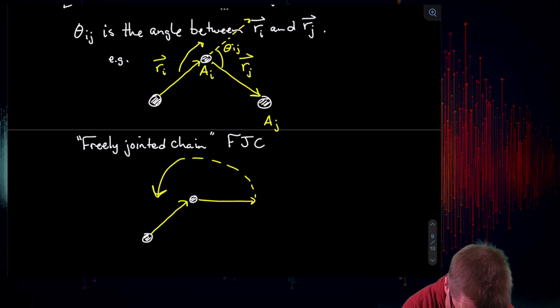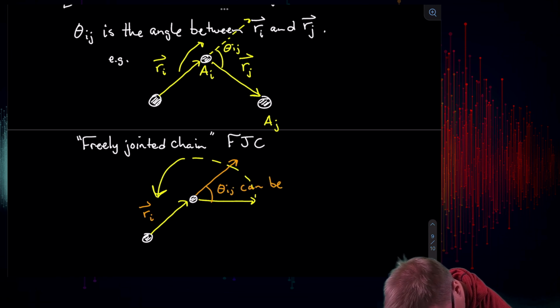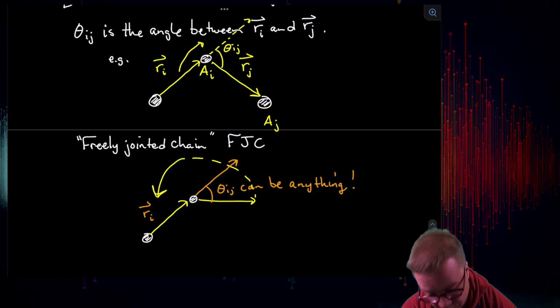In other words, if I translate this vector up, so if I move R sub i over here, then this angle theta ij can be anything. Okay?